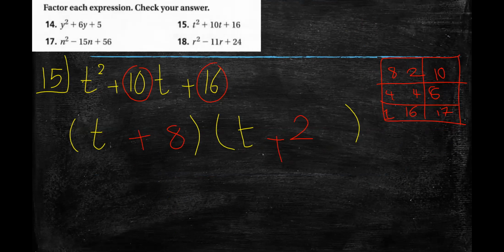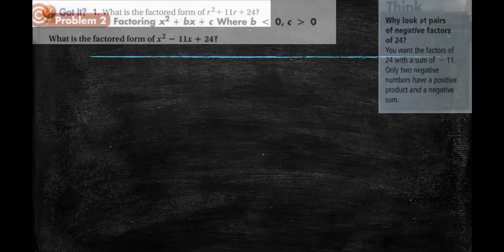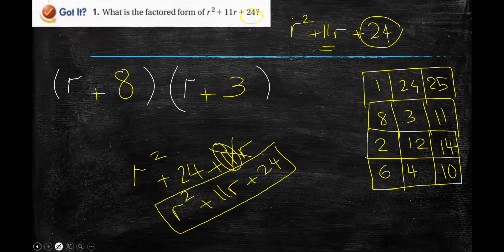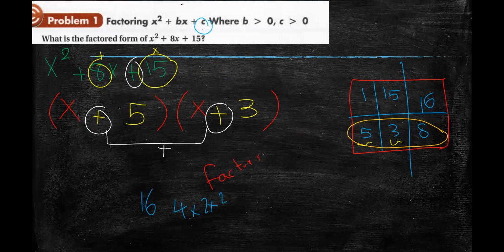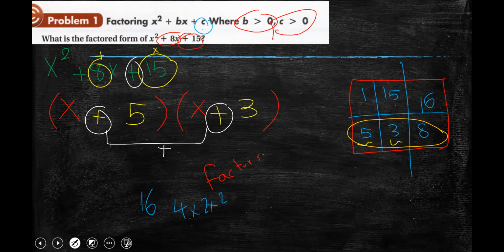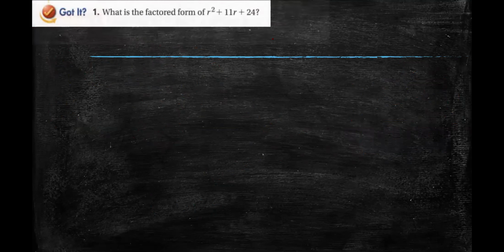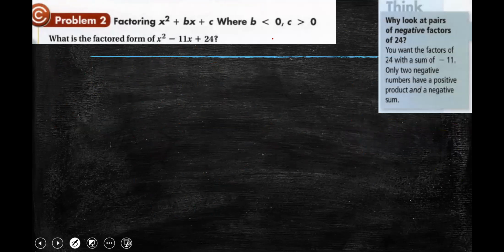So this is the first case. If you have both b greater than 0 and c greater than 0, we will do these steps. Go down to the second case.